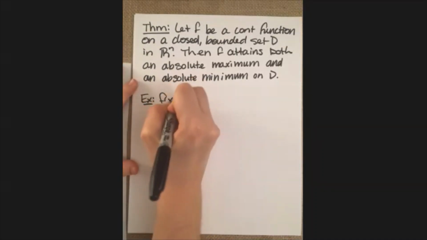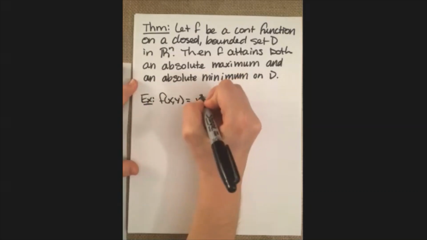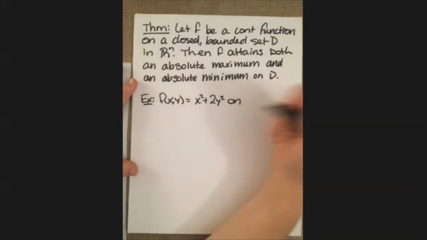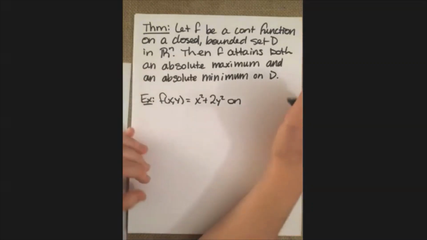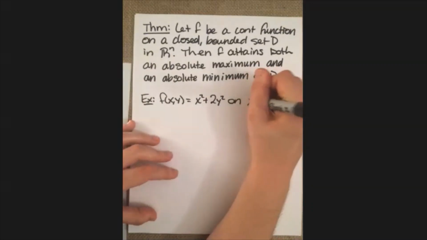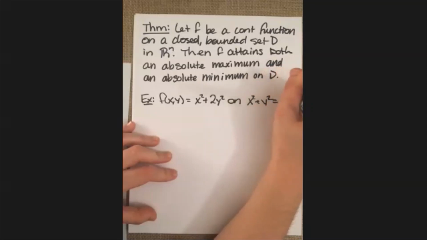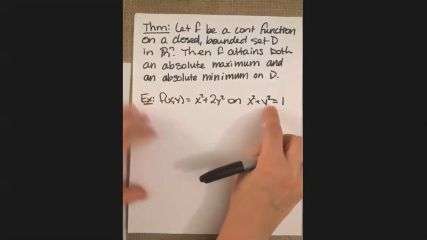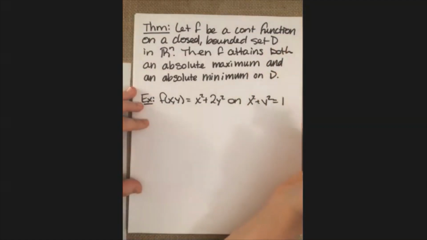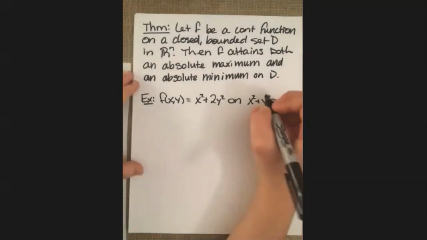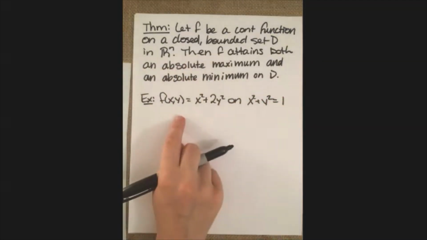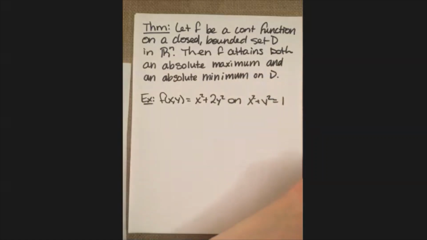We could have the function f(x, y) equal to x squared plus 2y squared on a particular shape defined by another equation, say x squared plus y squared equals 1. This, because we have our equal sign here, is a closed and, well, it winds up being a bounded set if you were to graph it, because it's just a circle. So we have our closed and bounded set, and we know that f then has to attain both an absolute maximum and an absolute minimum.